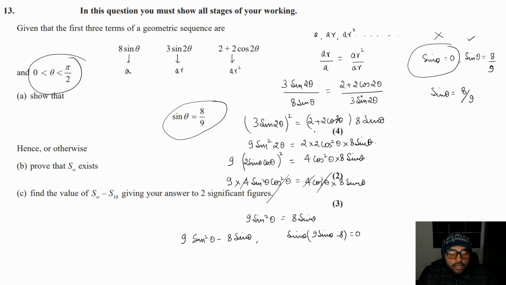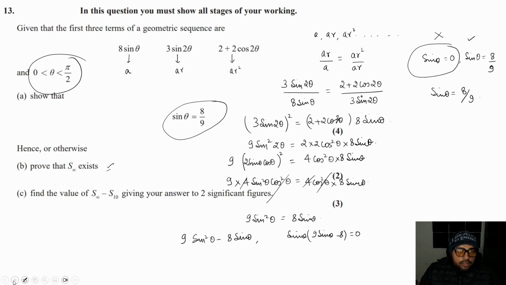Okay. Now if I say prove that S infinity exists, now we need to prove that S infinity is existing. Okay, so how will you prove it? We'll plug in the values here. See what I'll do.